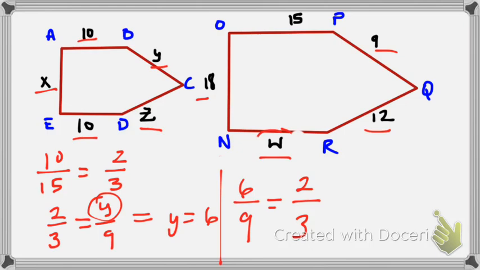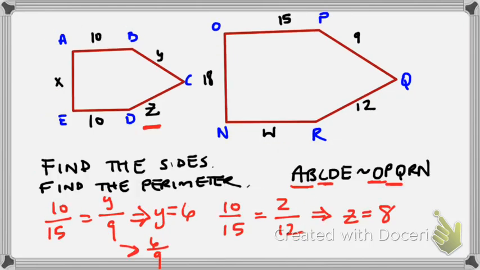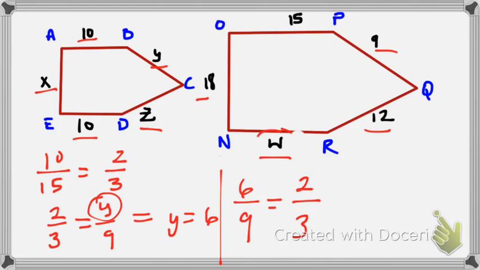Okay? All right, so if you go back to our original question, it also asks us to find the perimeter of each figure. Well, let's just start by finding what we already figured out. We knew that Z was 8, and we know that Y was 6.